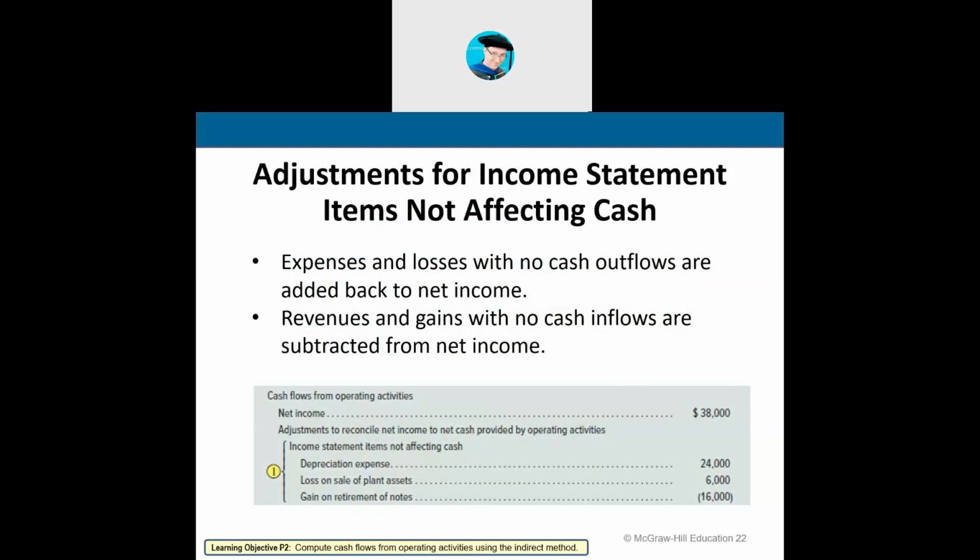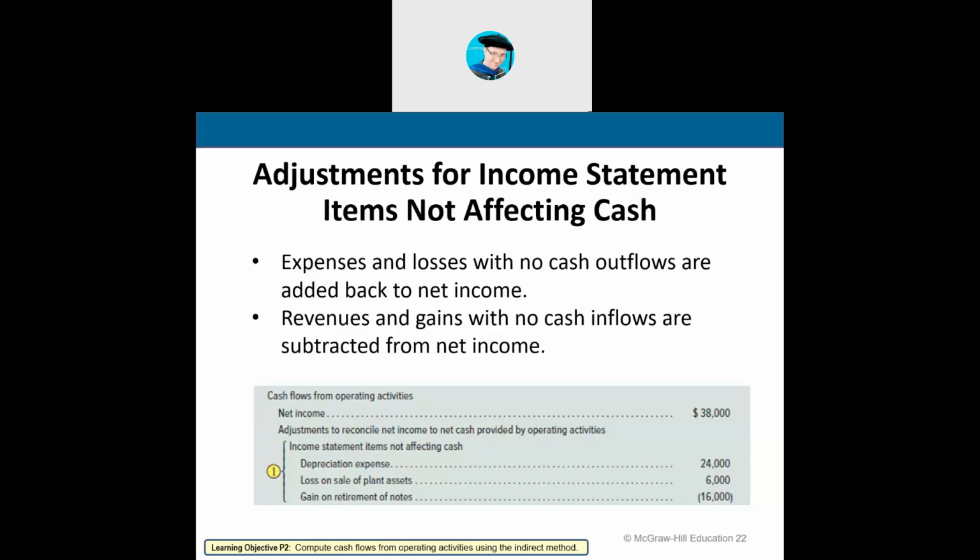But again, it's much simpler to use the direct method. Also, as you notice through the indirect method, there are adjustments for the income statement items that do not affect cash.